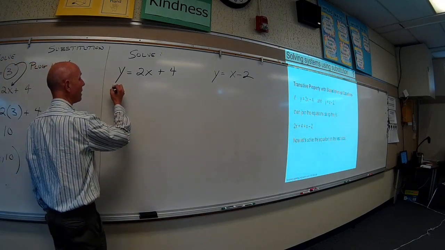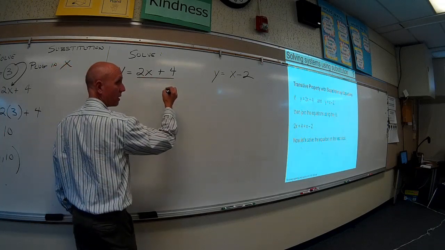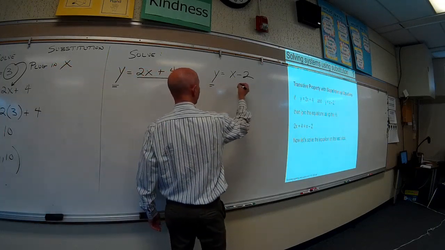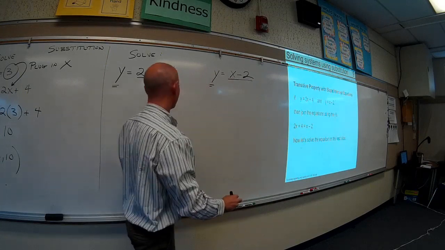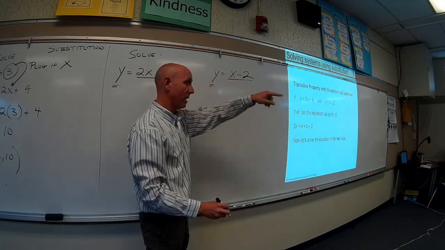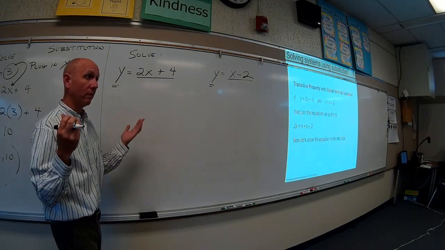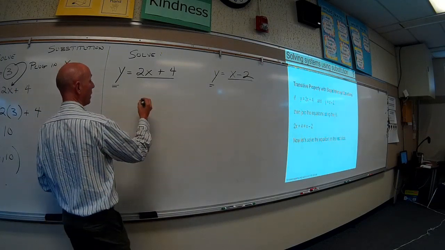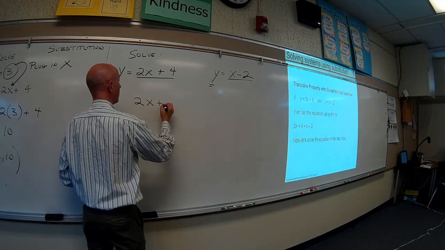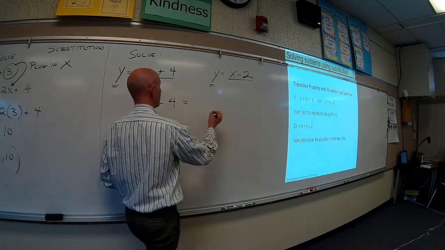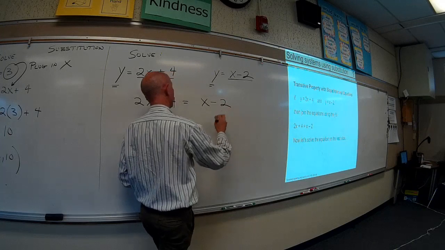If y equals this and y equals this, then this equals this. Yes, so you join them together. I would join them together and I'd get rid of the y. And that's what I'm about to do. So I'm going to write down 2x plus 4 equals x minus 2.